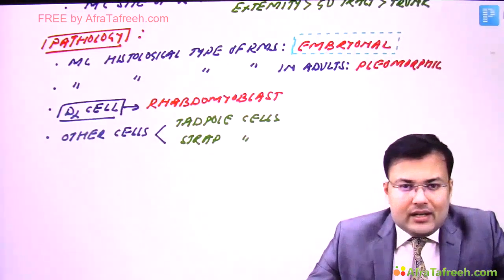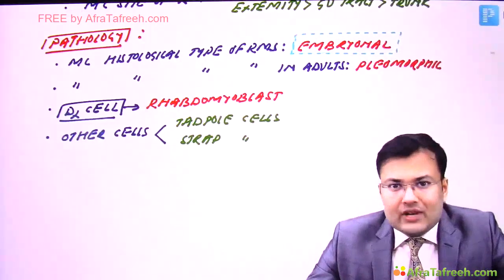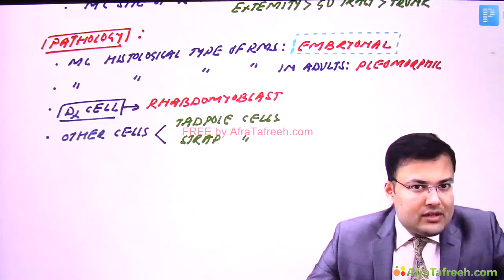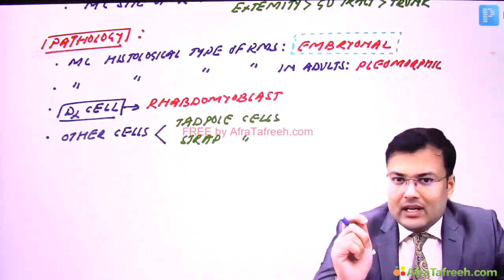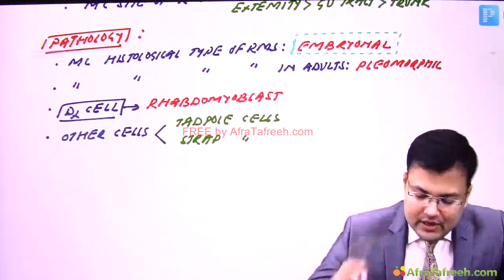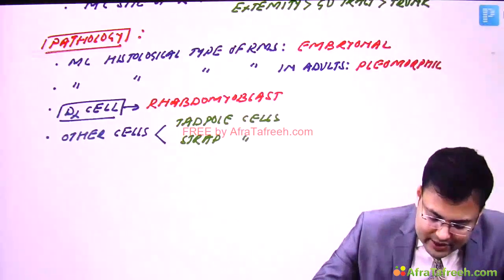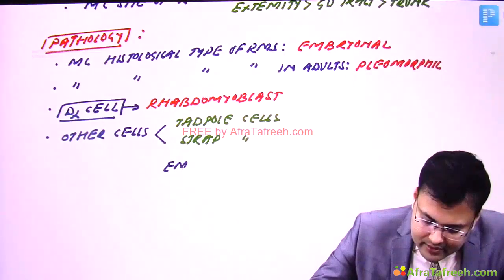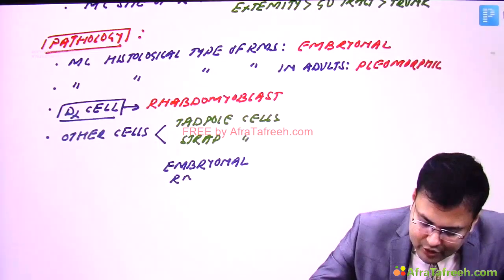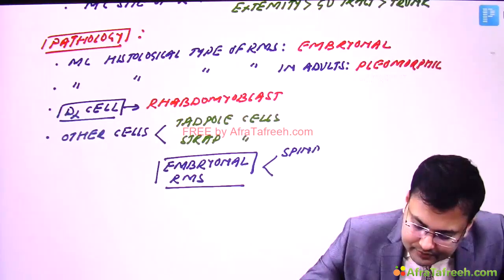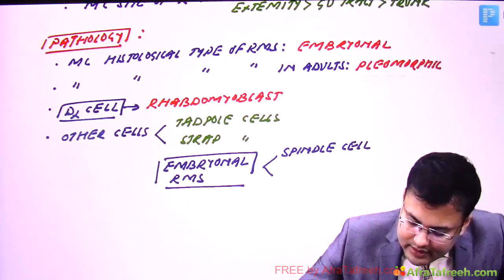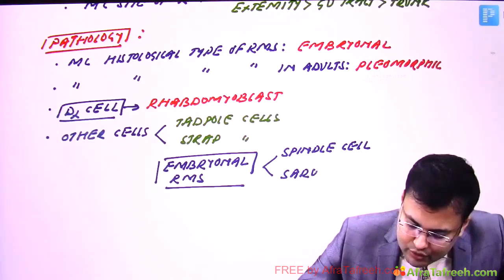One is the spindle cell variant and the other is sarcoma botryoides.